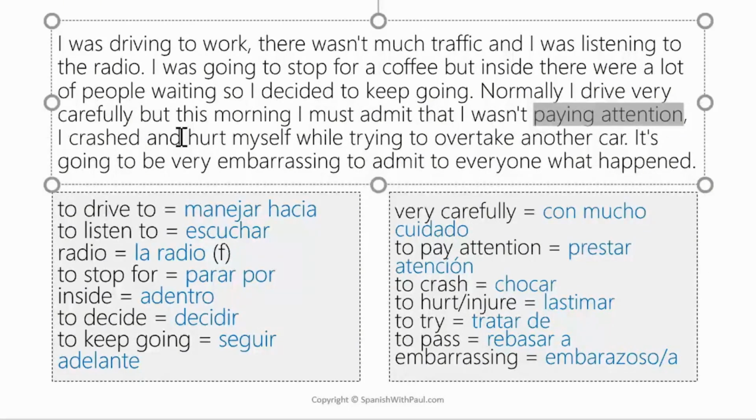Now we have another piece of action here. I crashed. So the verb is chocar. An AR verb, this will go to choqué. And hurt myself. This again is another concrete piece of action. So lastimar is the verb. This will go to lastimé. And we have myself. So y me lastimé, for I hurt myself while trying to overtake another car.